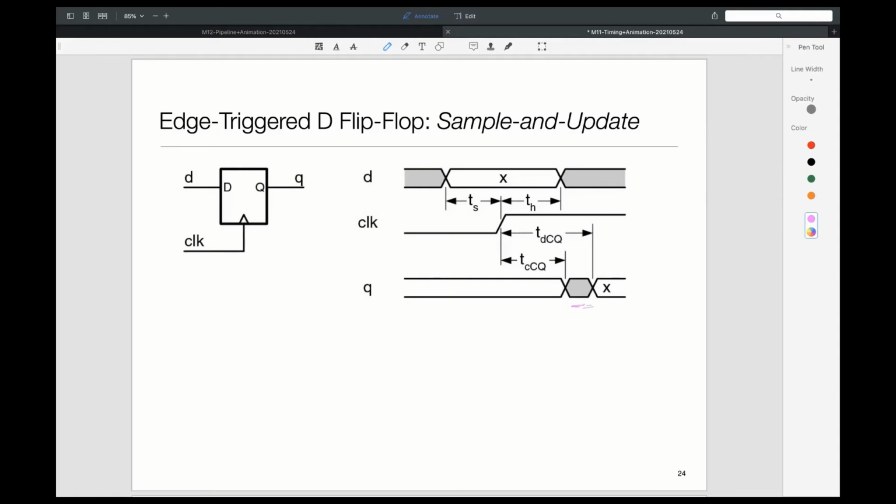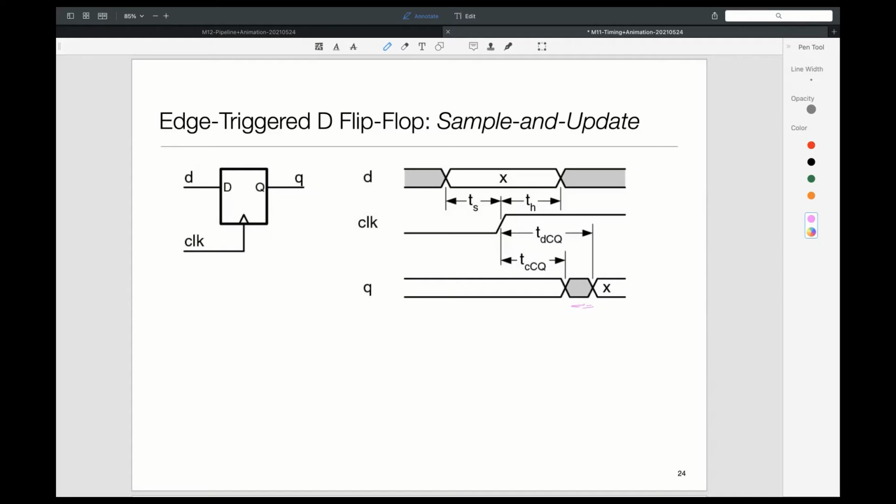I mean, it may go through a zone of uncertainty. So with this, you can think of the clock as sampling the input. At the time the clock edge comes, we sample the input D, and then we store it into the flip-flop's memory, and then it appears on the output of the flip-flop. So generally, the picture will look like this, and this leads to a few parameters that we have to worry about.